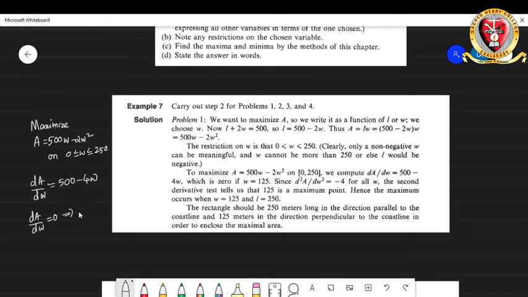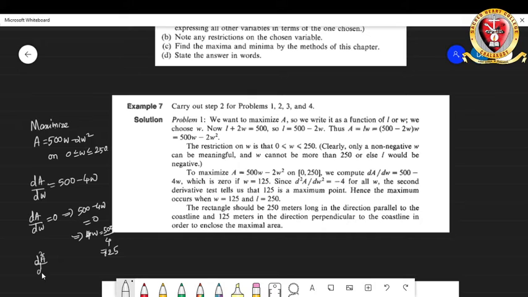So that implies 500 minus 4W is equal to 0, which implies W is equal to 500 by 4, which is equal to 125. So you have W is equal to 125 now. Then you have to use the second derivative test.